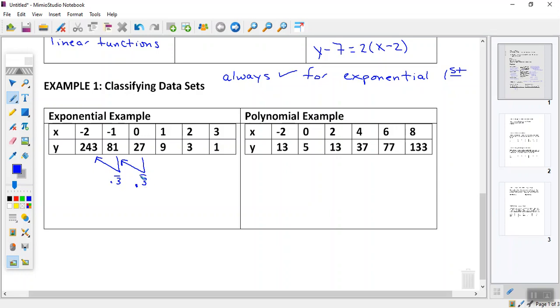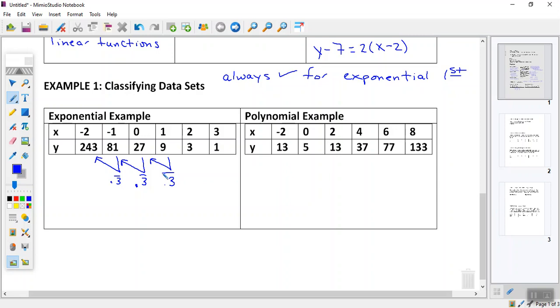It's going to reduce to 1/3, right? 9 over 27 will reduce to 1/3 again, kids. Guys, I say check exponentials, and even though I told you this is an exponential example, always check exponentials first using division, because either all these values are going to be the same or they're going to be very different.